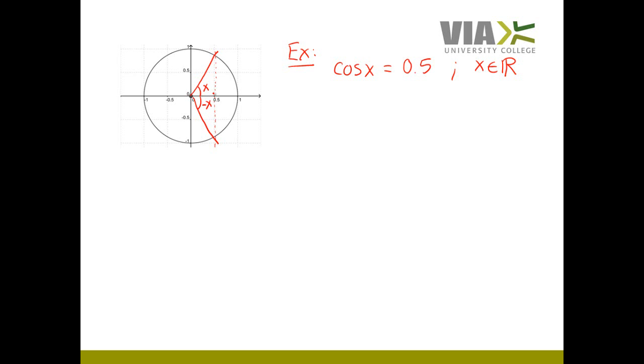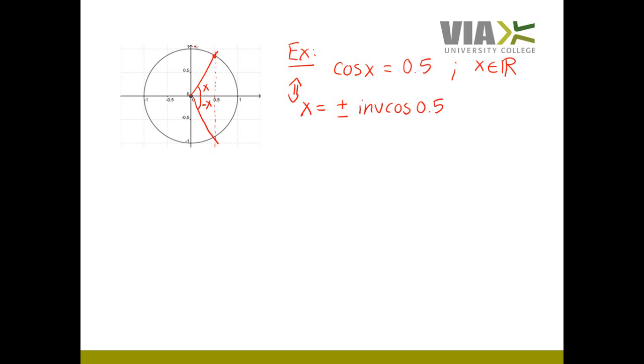So when we take the inverse operation on both sides, we will get plus or minus inverse cosine 0.5. Then we have both the positive angle and the negative angle included. But we have a bit more, because if we look at the positive solution here, every time we take one journey around our unit circle, that is, we add 2 pi to that, we get back to a new angle which also has a cosine value equal to 0.5.